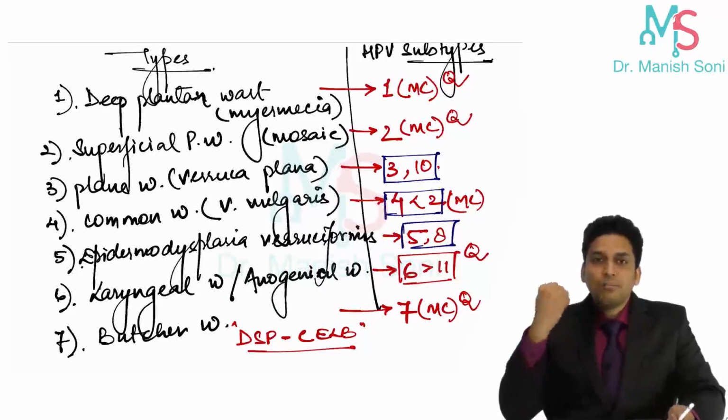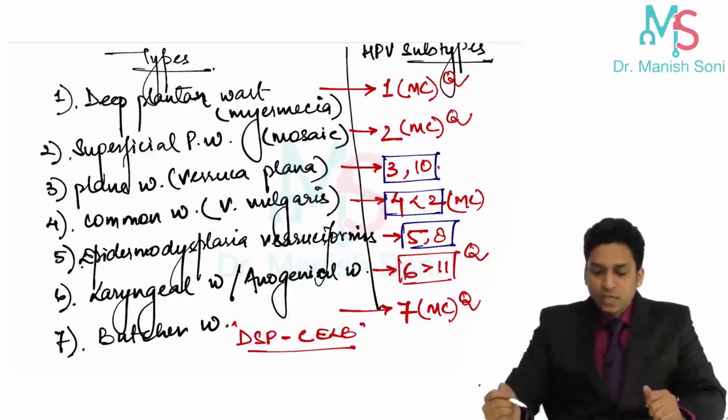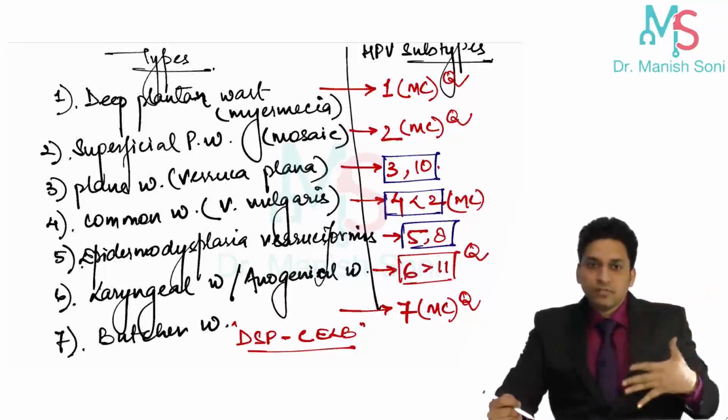Okay, so you can imagine how important it is to remember these HPV subtypes. If you cannot remember all the HPV subtypes, at least remember these few which I have told you, and you can very easily remember these few with the help of the simple mnemonic. Okay, so I have marked those 4 questions. You can see these were the 4 questions which were asked directly from this table. Okay, so DSP SLEB, 1, 2, 3, 4, 5, 6, 7.